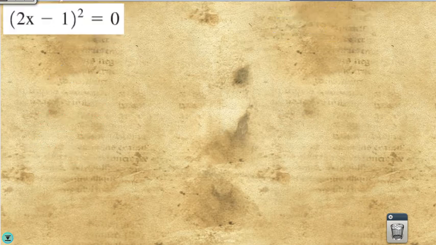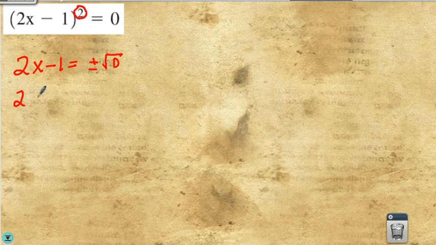Another one. Now here, it's going to be hard to get x squared by itself. You've got this whole thing being squared. First step, go ahead and get rid of the squared. To get rid of the squared, come to the other side and do plus and minus the square root of 0.